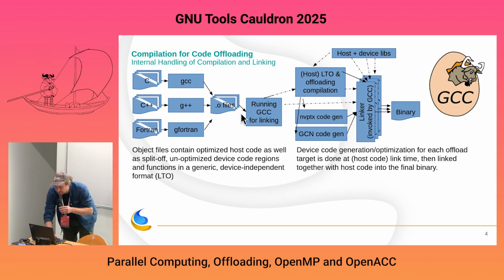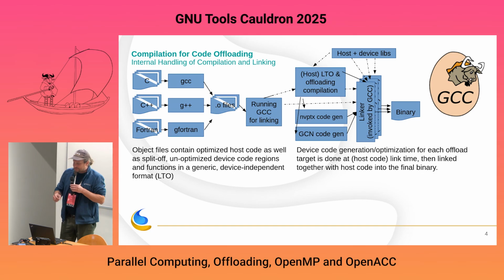The compiler driver runs the assembler and runs the linker. The linker has a plugin that sees that there is offloading code in the corresponding object files that get linked in. And during linking, it then calls back into the compiler by invoking a similar thing as you would do for link time optimization of your host code.